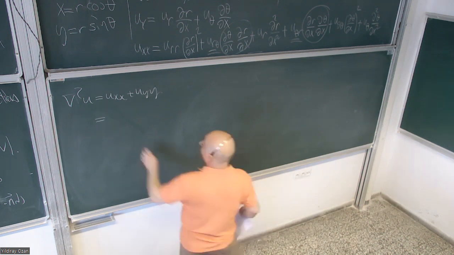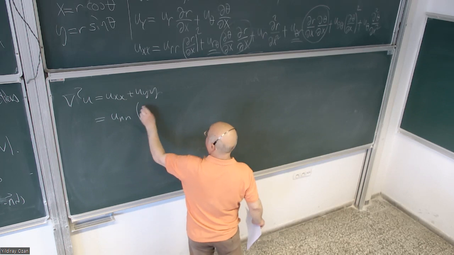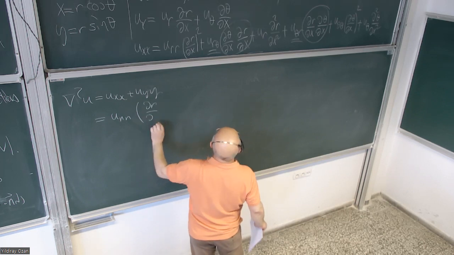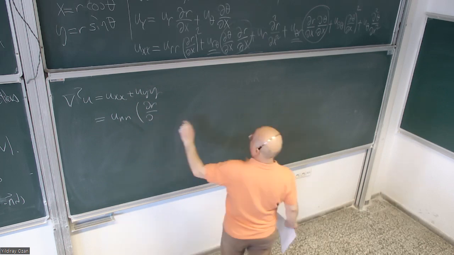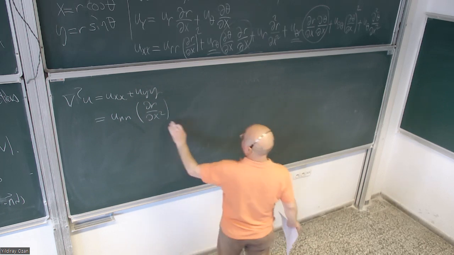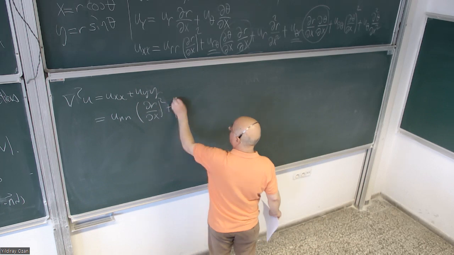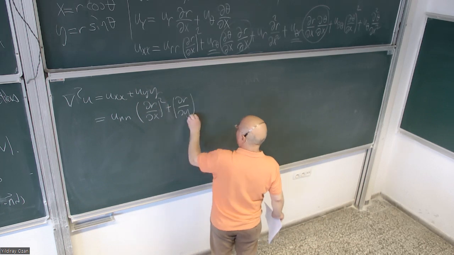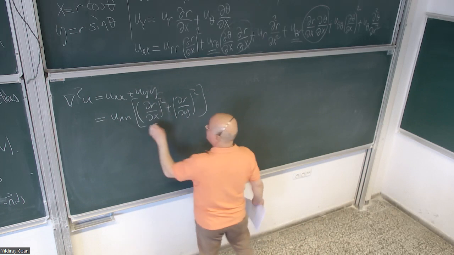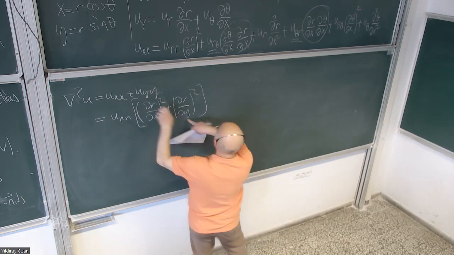I will have u sub r, del r del x squared plus del r del y squared, right? So this comes from this, and this product will come from that.